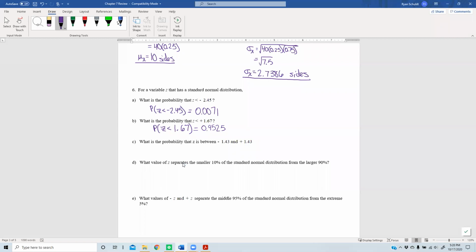Okay, for C, the probability that Z is between negative 1.43 and positive 1.43. Remember, we have to subtract. The bigger one comes first, minus the probability of the smaller one.